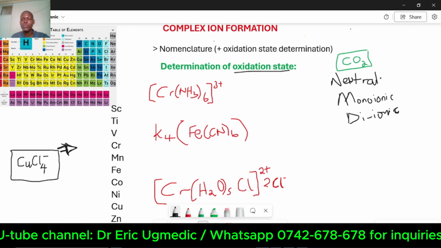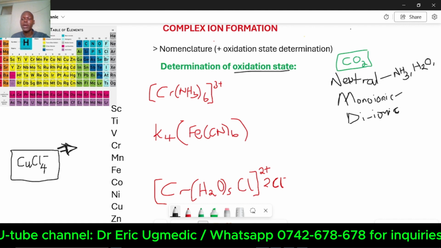An example of a neutral ligand, we are going to look at the examples. For example, we can have ammonia. We can have another neutral ligand, water. We can have as many as possible. Your assignment will be to find the common neutral ligands we have in inorganic chemistry.